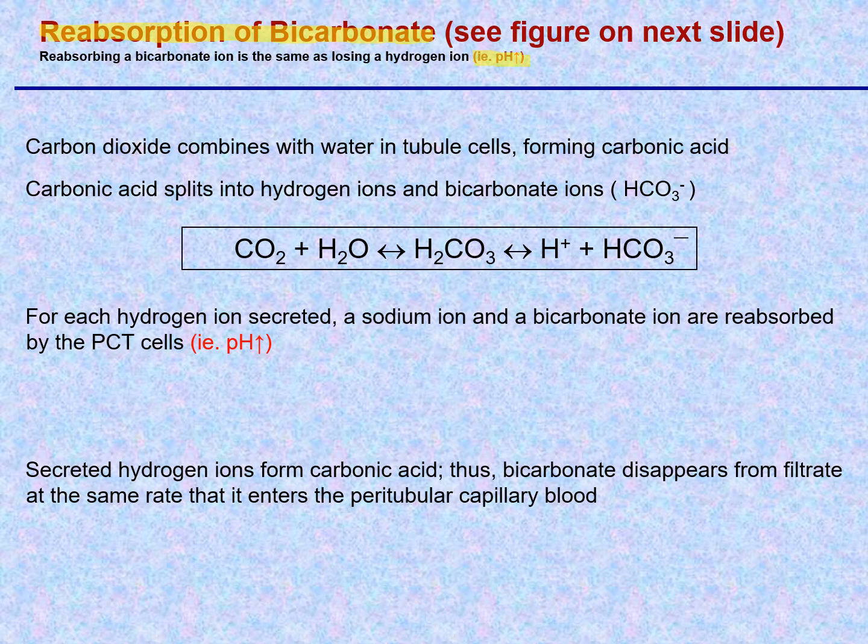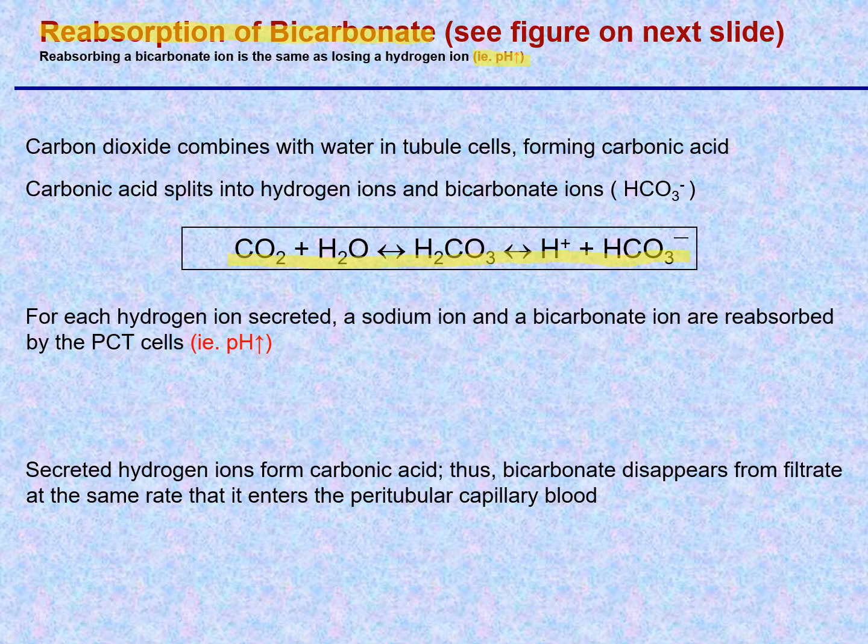the pH will rise. What happens during reabsorption of bicarb is that CO2 combines with water to form carbonic acid, and then that splits into hydrogen ions and bicarbonate.